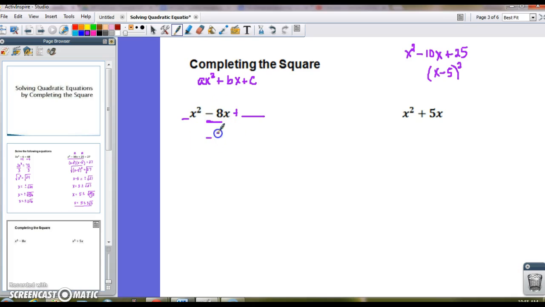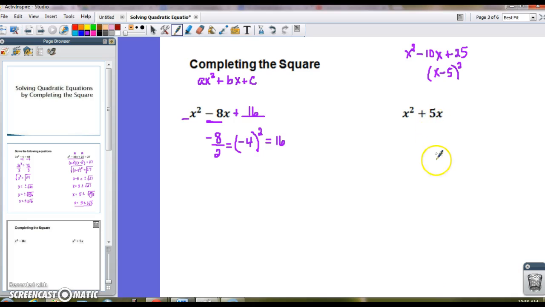So I'm going to take half of negative 8, which is negative 4, and then I'm going to square that, and that gives me 16, and that's completing the square. Okay, so take half of b, square it, and that's what you put in. That's completing the square.